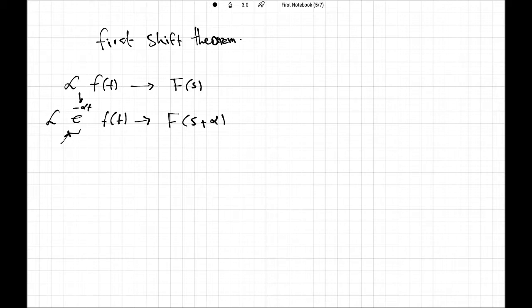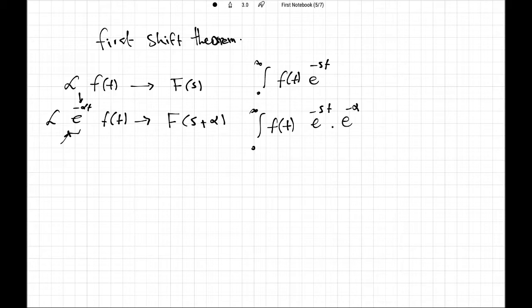It can make sense if you go back to the Laplace transform itself. Here you have the function times e^(-st), and here you have the function times e^(-st) times this factor e^(-alpha t).